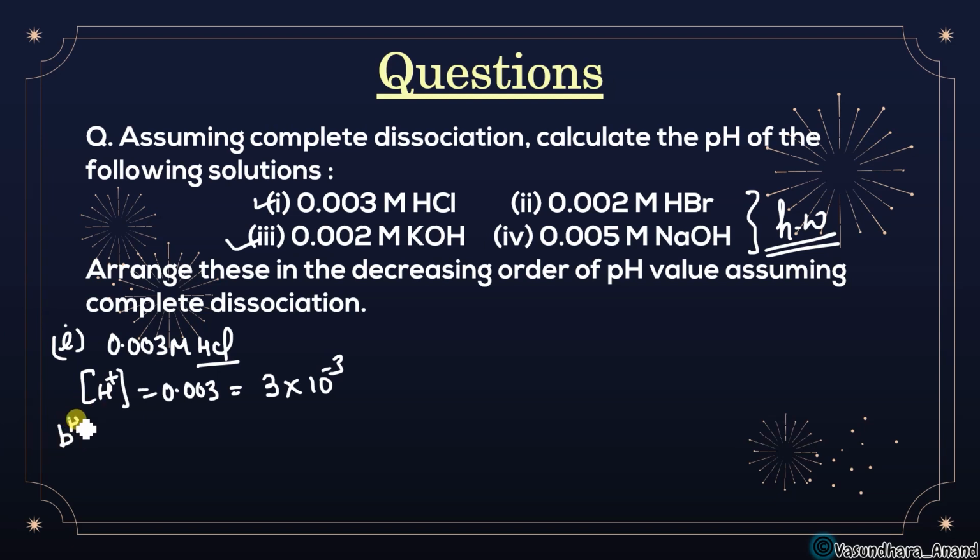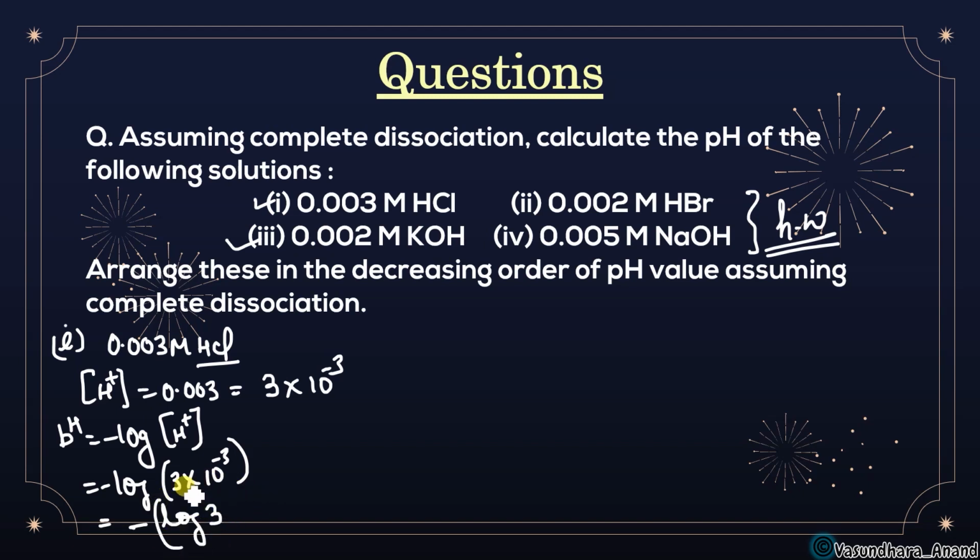You have formula pH is equal to minus log H plus. So here minus log H plus is given 3 into 10 to the power minus 3, and that means this is minus, and can I write like this, log 3, or this is m into n, so log m plus log n, and then isko ye karke this is.